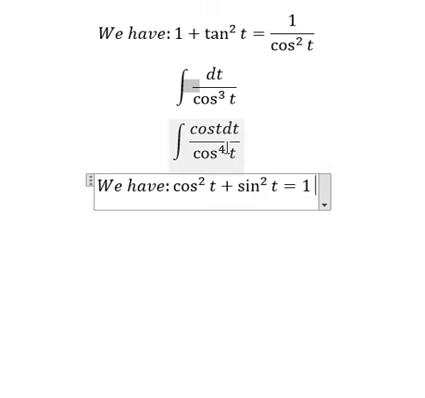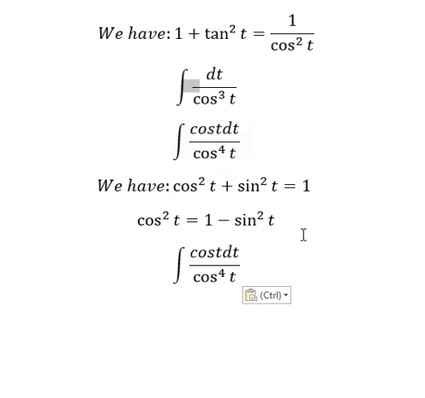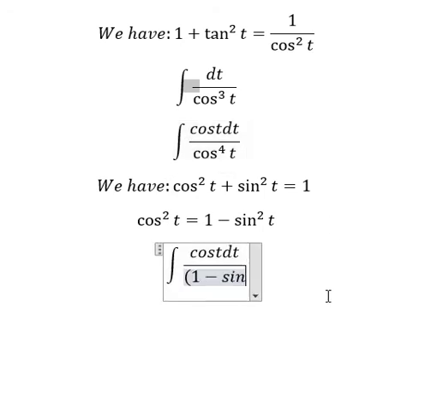So in here we have cosine t to the power of 4. We will change to cosine t square equal to 1 minus sine t square. So in here we will have 1 minus sine t square to the power of 2.